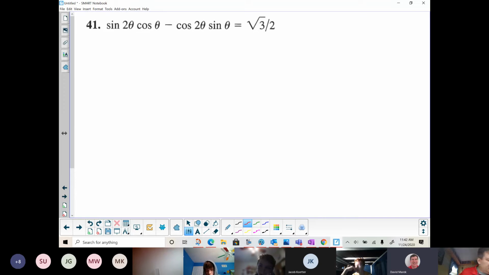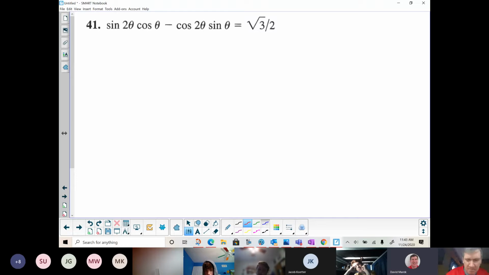Let's, on the back of your note card, let's take a look at sine of one angle times cosine of a second one minus the product of cosine times sine. Okay, so hopefully you can see how that matches up with our difference formula for the sine function.